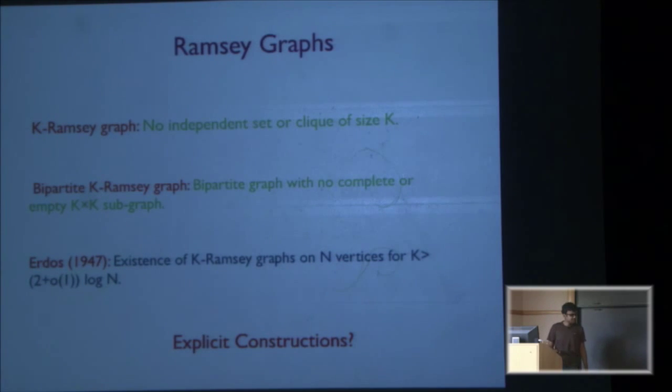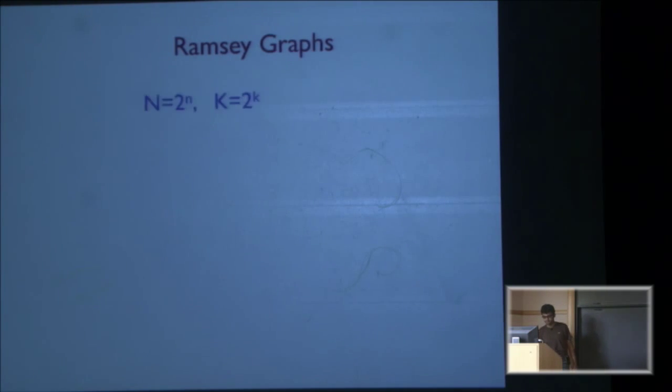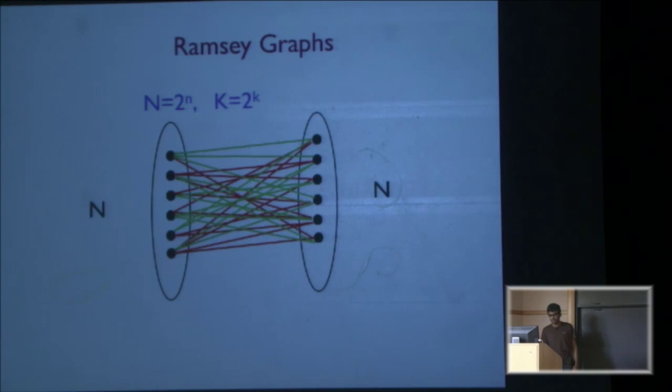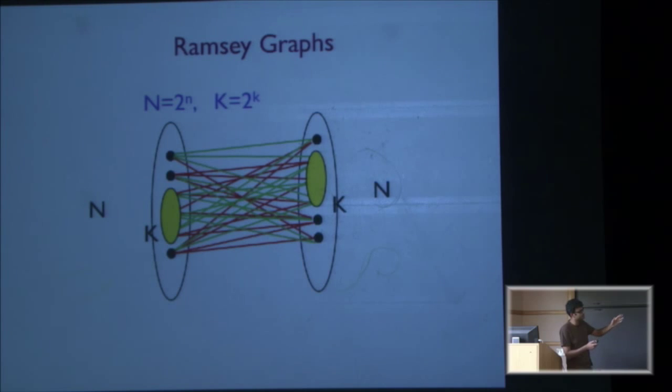An open question which has attracted some attention is coming up with explicit constructions of such Ramsey graphs. And a quick illustration of what a Ramsey graph would look like: you have the complete k cross k graph, and you're coloring each edge either green or orange, and you want that for any choice of subsets on the left and the right, the edges between them are not monochromatic.